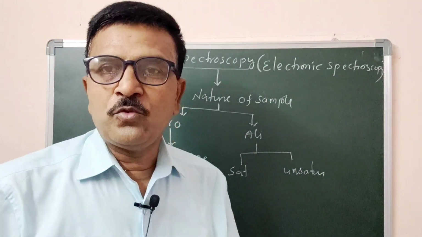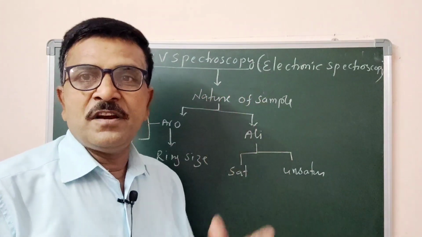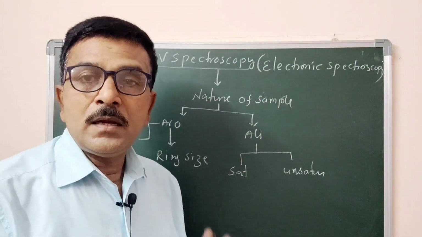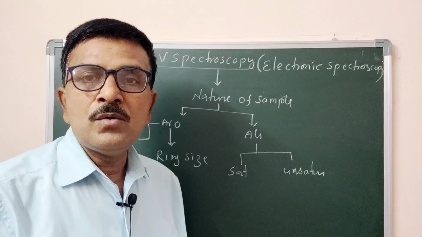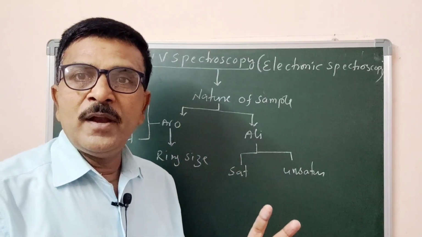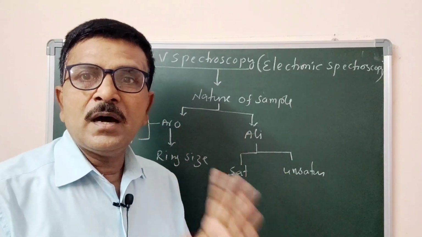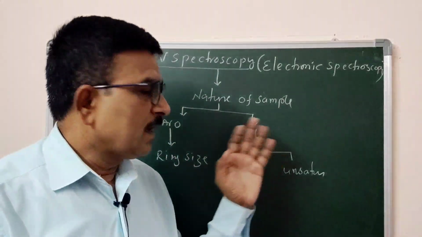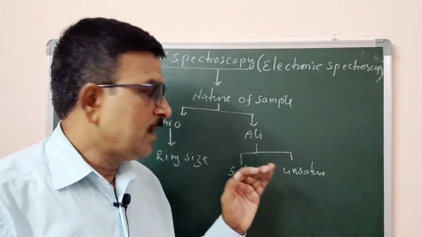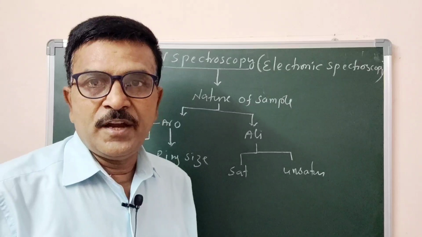So UV spectroscopy is useful for the determination of the nature of the sample. If it is aromatic, it may be carbocyclic or heterocyclic, or it may be aliphatic. If it is aliphatic, it may be saturated or unsaturated.